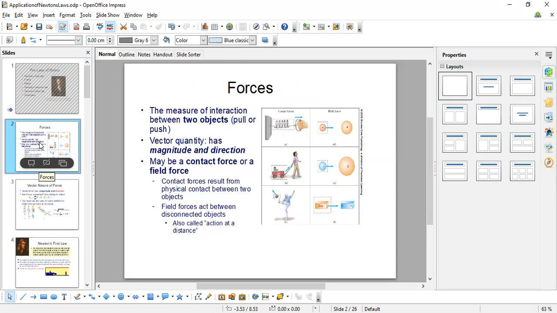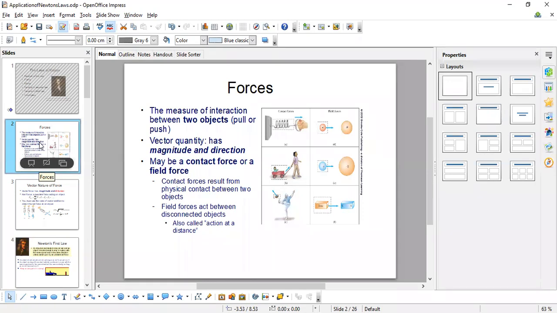Okay, it's a continued push or pull. So we talked about the four fundamental forces of nature, and then we also categorize yung contact and non-contact forces. So another term for that are field forces or action at a distance forces.